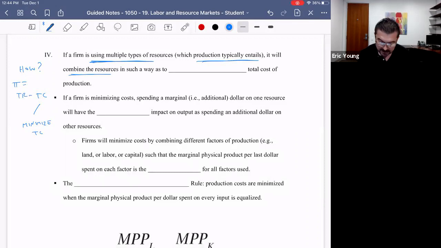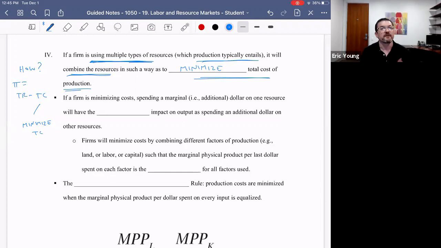With that context said, if a firm is going to employ multiple types of resources in the production process, it's ultimately going to try to combine those resources in such a way as to minimize the total cost of production. Now, how does this happen? Well, we can take this from a philosophical lens and then put a little bit of basic math to it.